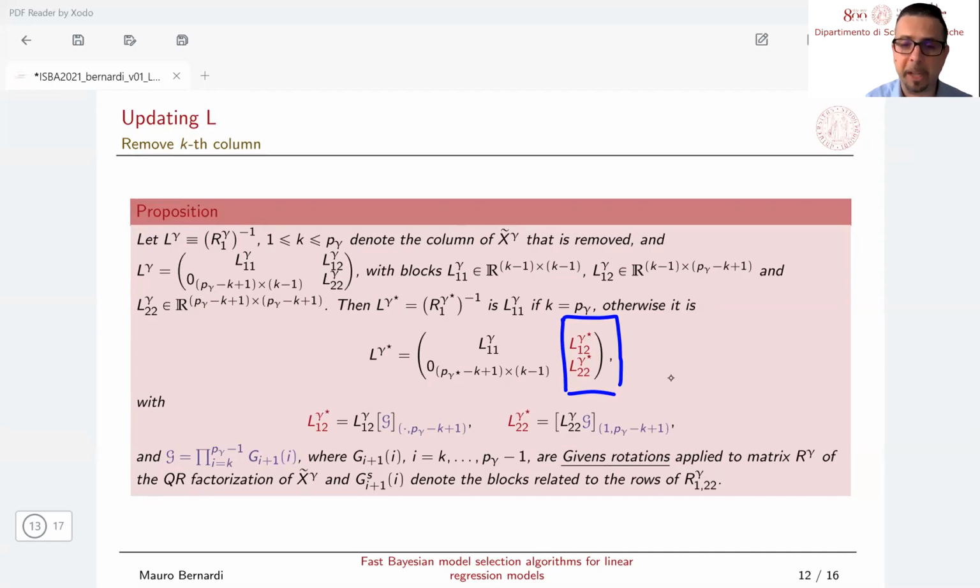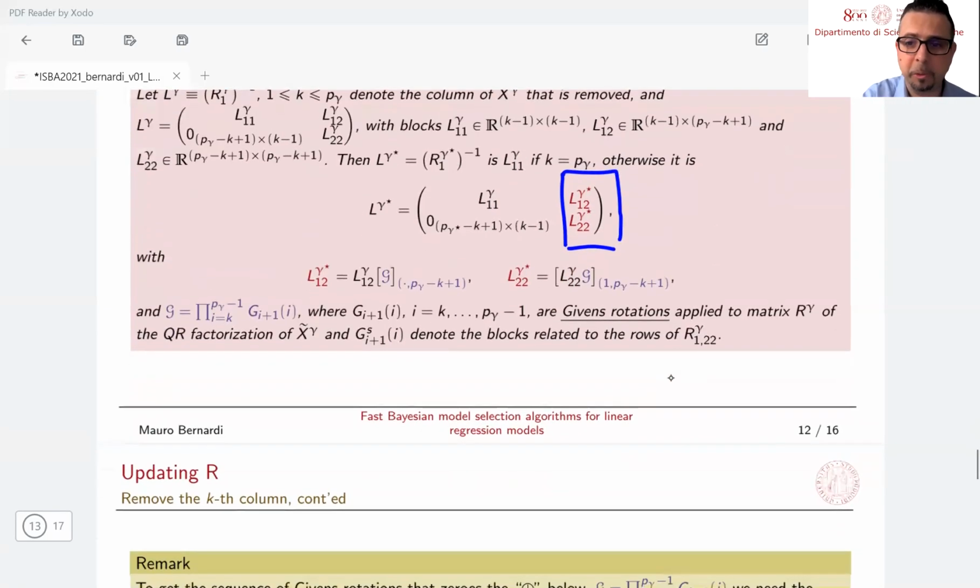Those columns can be obtained from the corresponding columns of the previous L matrix, times the set of Givens rotations that are required to zero the elements along the main diagonal of the R matrix, and then by deleting some rows or columns.